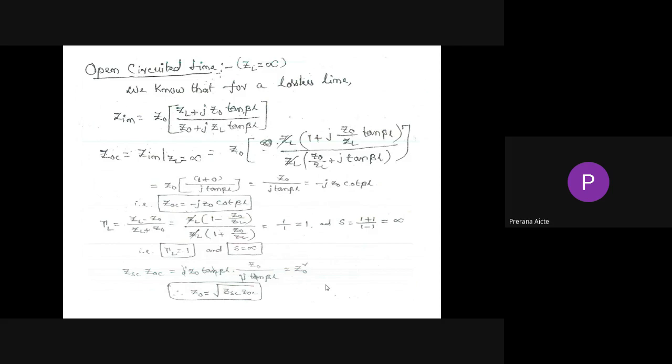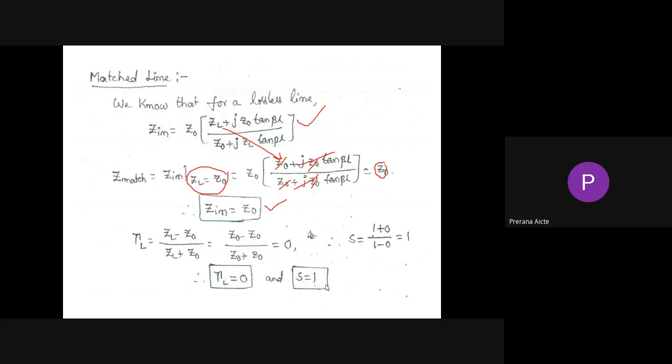Now multiplying these two, the characteristic impedance Z naught is equal to the square root of ZSC into ZOC. So for a matched transmission line, Z of L is equal to Z naught.